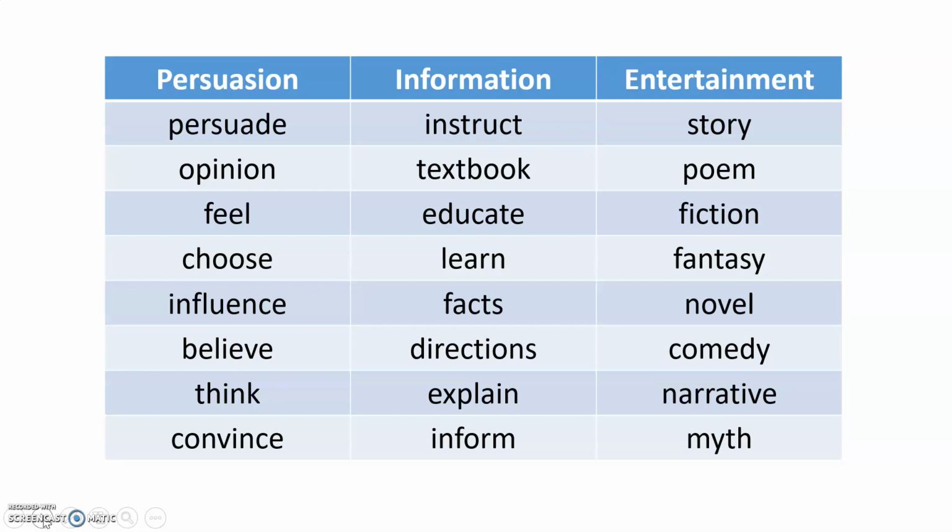They're trying to influence you, make you believe something, or tell you something that they believe or think, and they're convincing you, okay? They're trying to convince you. So persuasion could include any or all of those things, but there are some clue words there and different types of ways that authors try to persuade you.